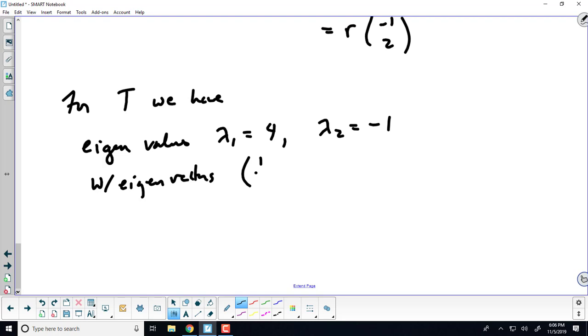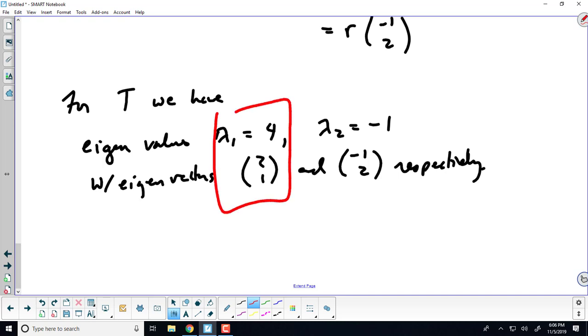Is that what we had before, folks? Yes. 2, 1 and negative 1, 2, respectively. Meaning you pair this eigenvalue with this eigenvector and this eigenvalue with that eigenvector. They have to go together. Questions on that?